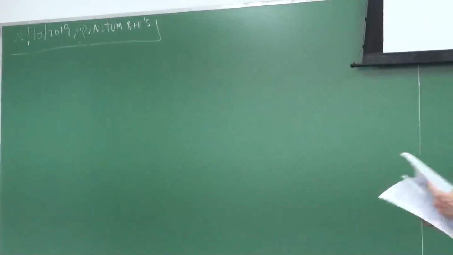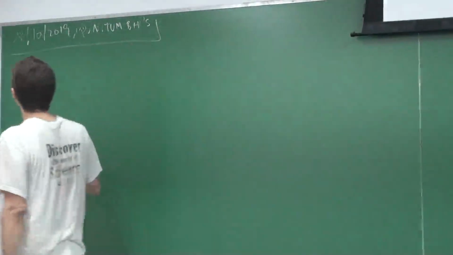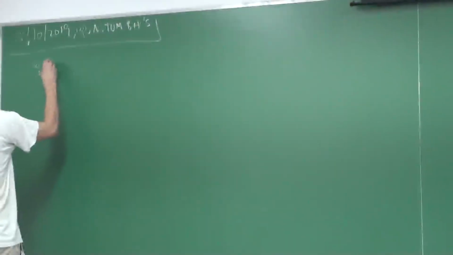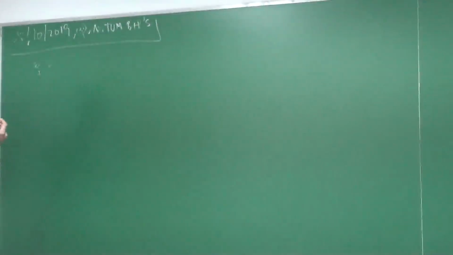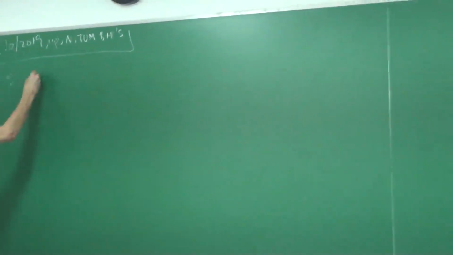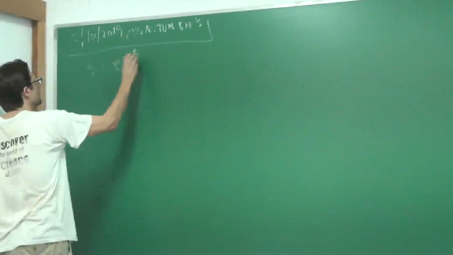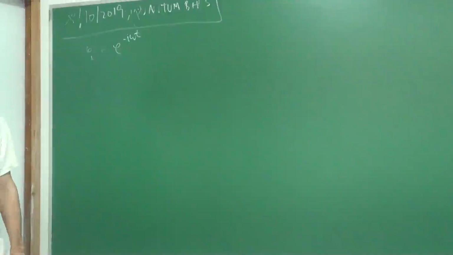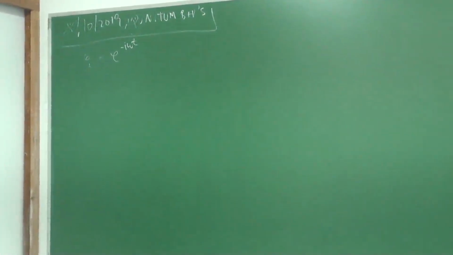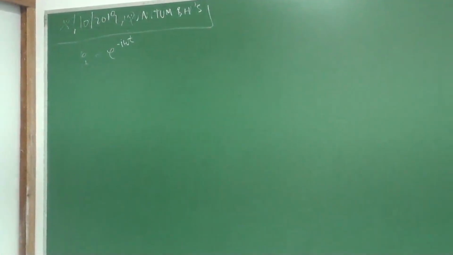Remember we've got two bases. So phi_k are just our positive frequency modes with respect to the global Cartesian time coordinate.